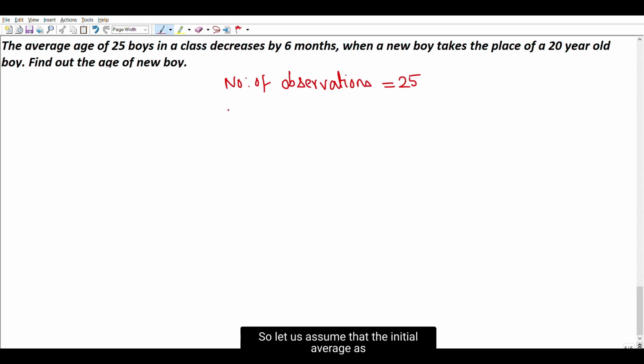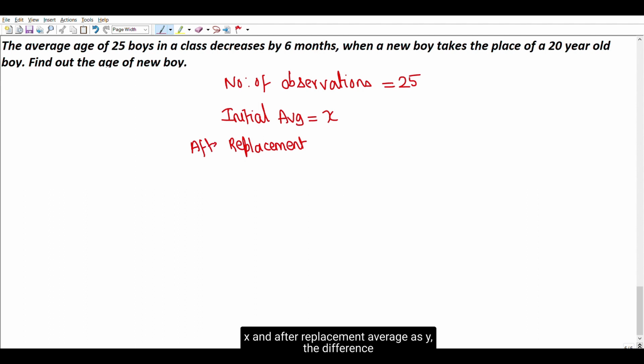So let us assume the initial average as x and the average after replacement as y.